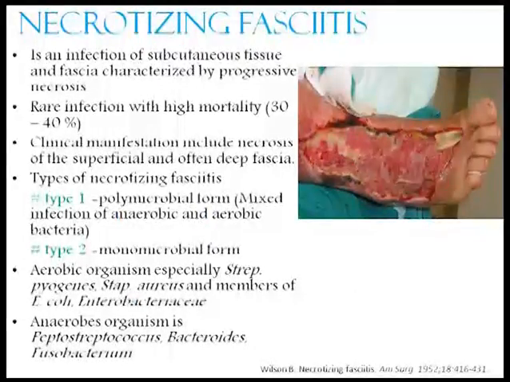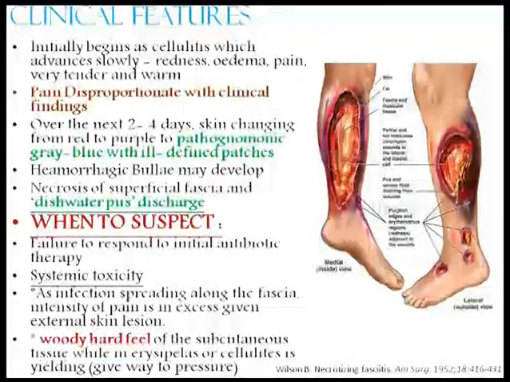This is necrotizing fasciitis, which is a very dangerous condition. It may look like a subcutaneous infection, but it spreads to the fascia and it can endanger the life of the limb as well as cause a lot of systemic complications. It may need therapy in the intensive care unit. Judge by the local color, a woody hard feel, and dishwater-like watery pus coming out.